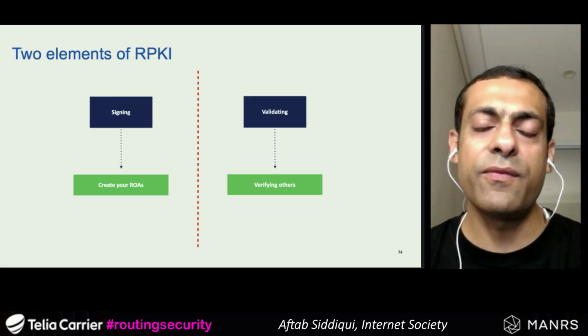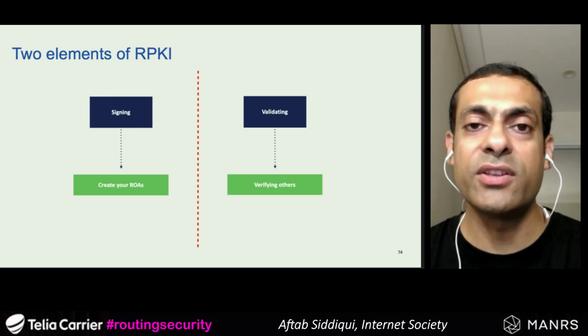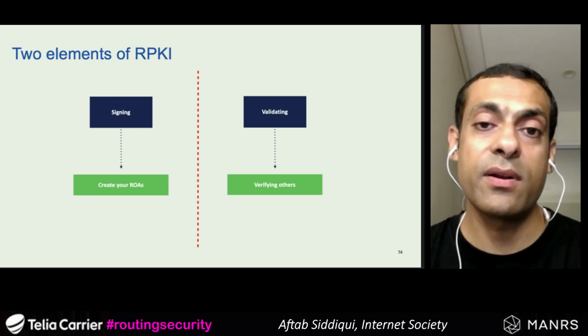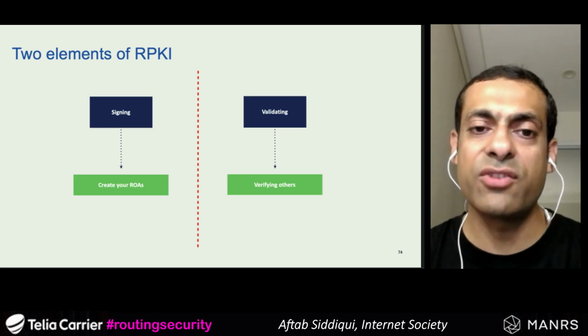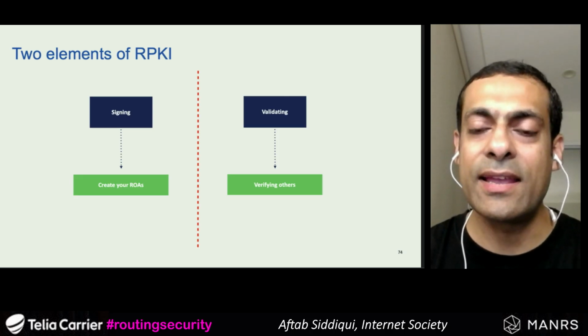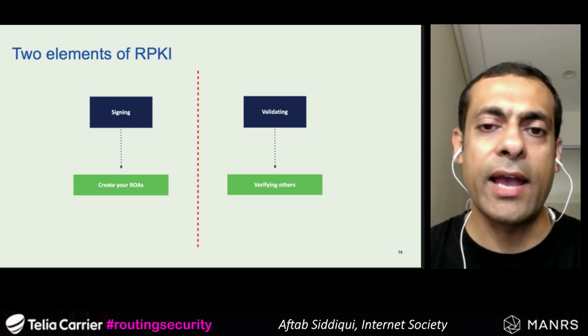Anything invalid, if somebody is announcing a route which they are not allowed to as per ROA, then because I'm doing a validation, it will tell me that it has an invalid ROA attached to it, and that's why I'm not going to accept it.